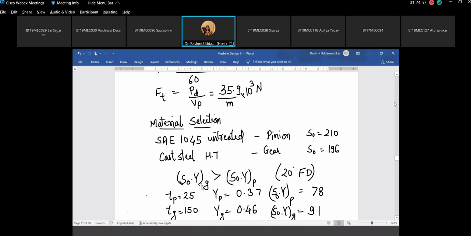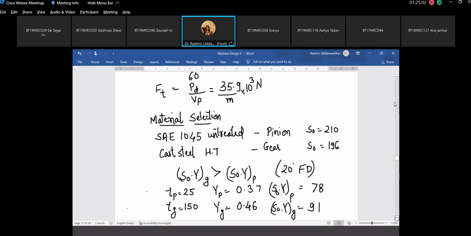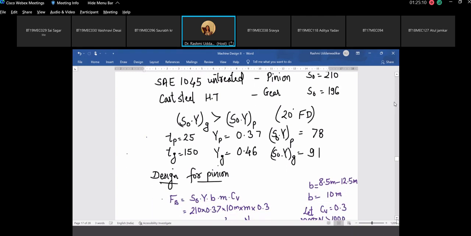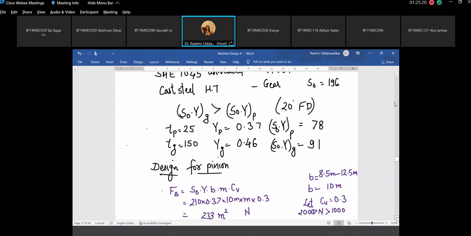This product tells about the entire tooth with its geometry, number of teeth and material, whether it is stronger or weaker. We got the value that the pinion is weaker, and so we are designing for the pinion. Once you design for the pinion, the same value of B and M would stand true for the gear as well. So we have to design either for the pinion or for the gear, not for both.